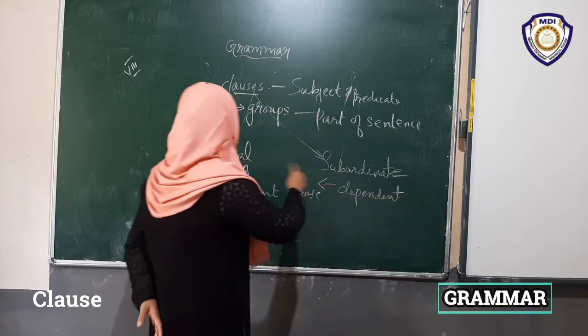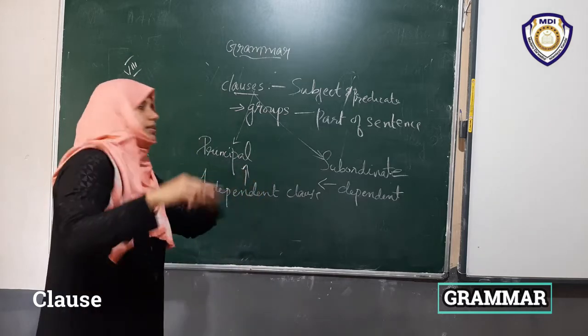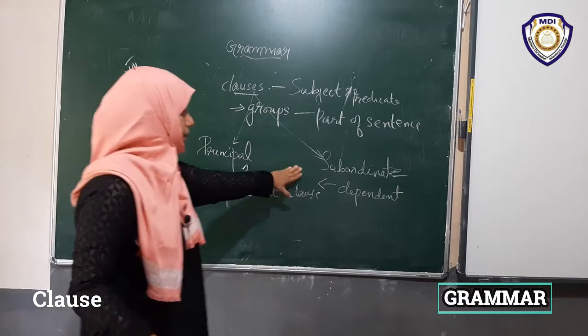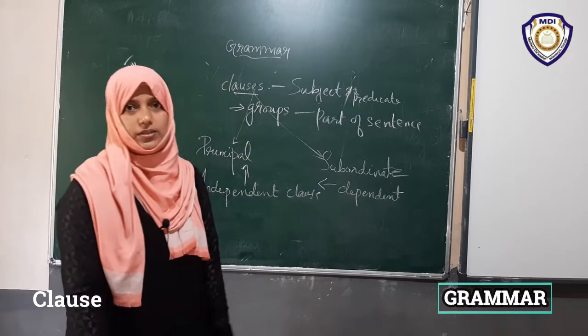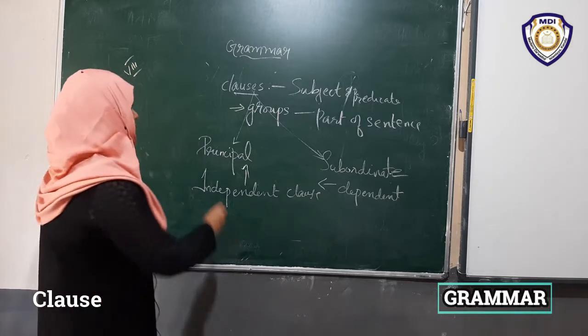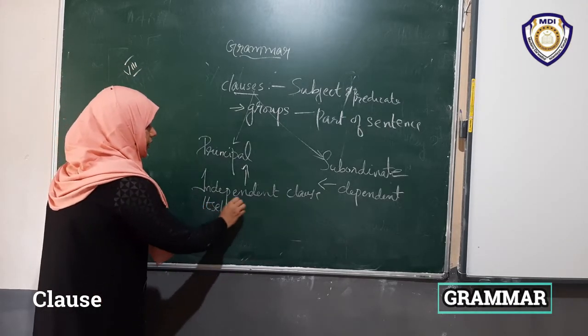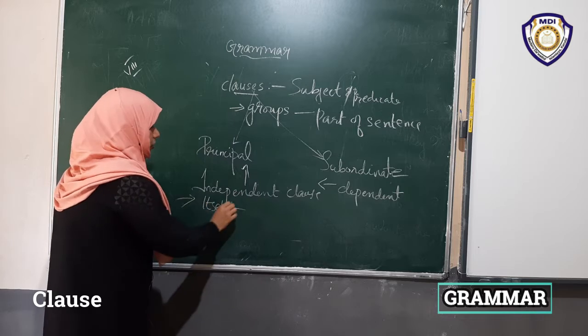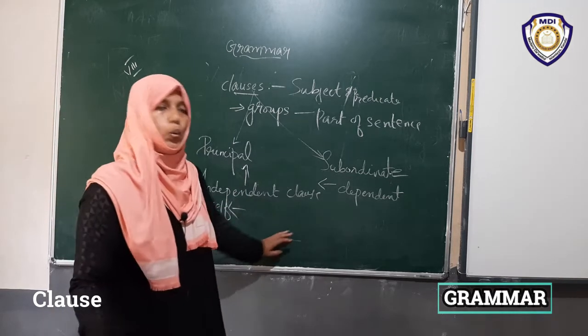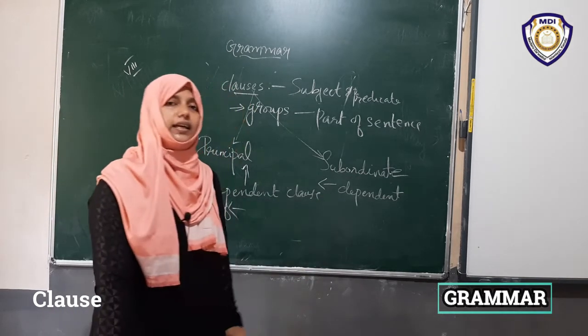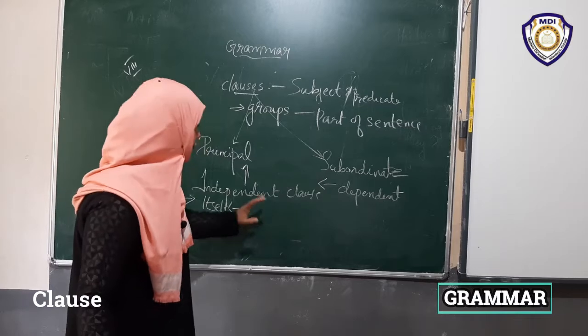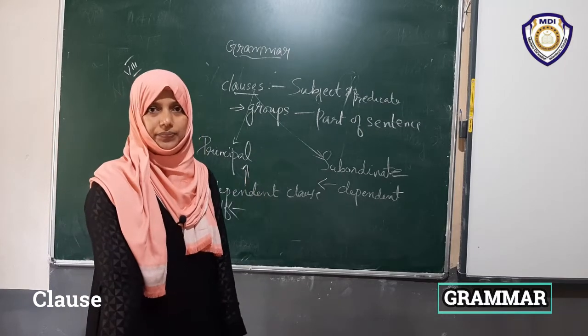ഇവരെ ഡിപ്പെൻഡ് ചെയ്ത് ജീവിക്കുന്ന ആളാണ് ആൾക്കാർ. ആരാണത്? പ്രിൻസിപ്പൽ ക്ലോസിനെ ഡിപ്പെൻഡ് ചെയ്യുന്നതാണ് സബോർഡിനേറ്റ് ക്ലോസ്. അണ്ടർസ്റ്റാൻഡ്? പ്രിൻസിപ്പൽ ക്ലോസ് ക്യാൻ സ്റ്റാൻഡ് ഇറ്റ് സെൽഫ്. It has its own meaning. But when does the subordinate get meaning? Only with the principal clause.